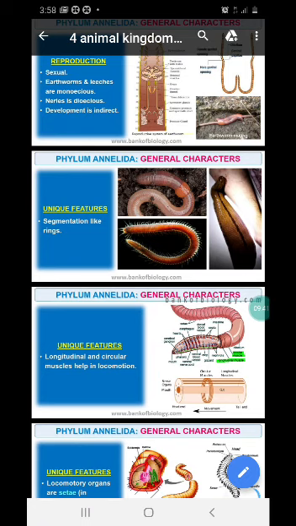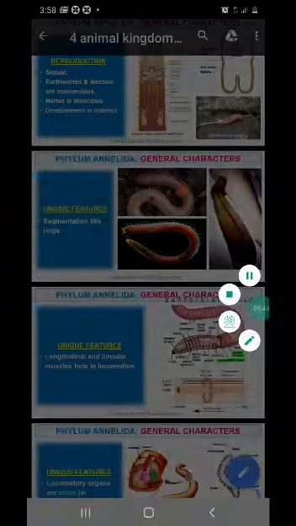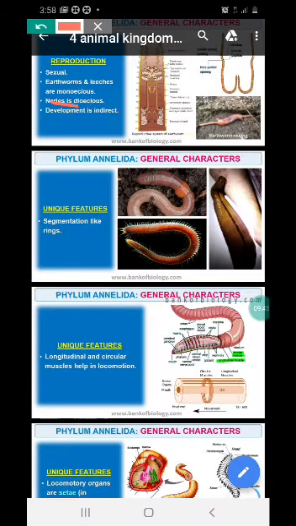Whereas Nereis, another example of annelidans, is dioecious, which means male and female are separate, and the development is indirect. And how do these organisms move? Do they possess any legs or any other appendages? No. But Nereis do possess a leg-like structure called parapodia.